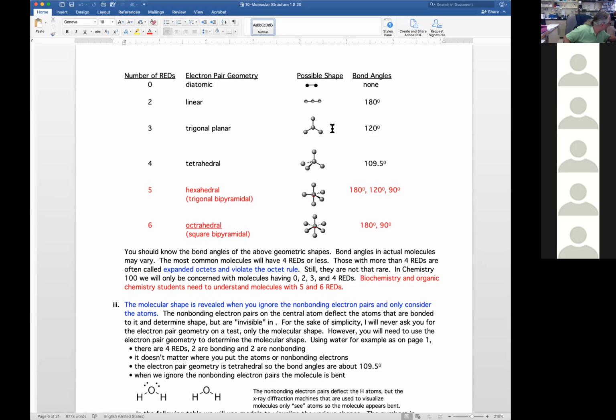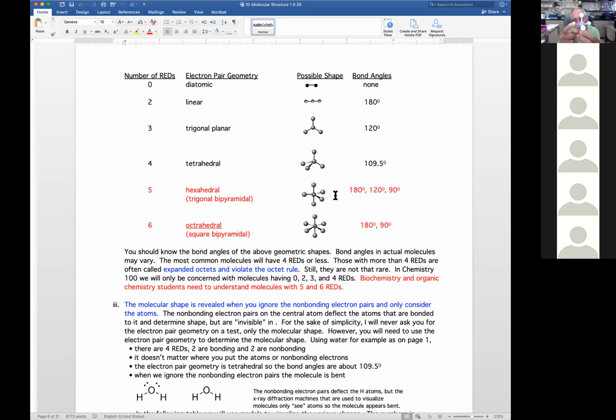For the biochemistry students, and I am doing this at the same time because it does help the Chemistry 100 students understand more. What if you have 5 regions of electron density, and you get this shape right here, which is pretty much the most complicated one. Notice that I have 2 that are axial, and then I have 3 that are equatorial.